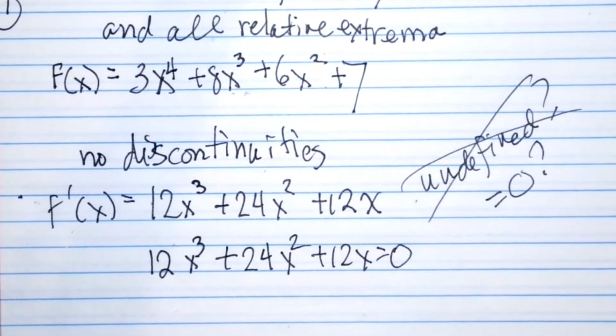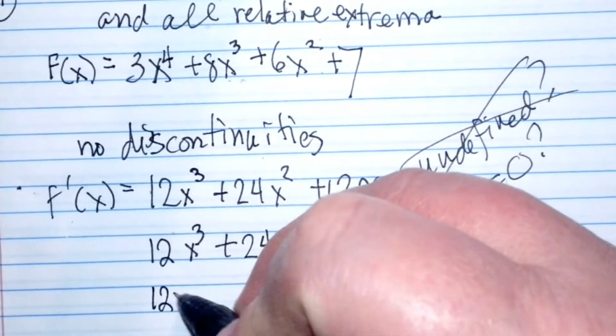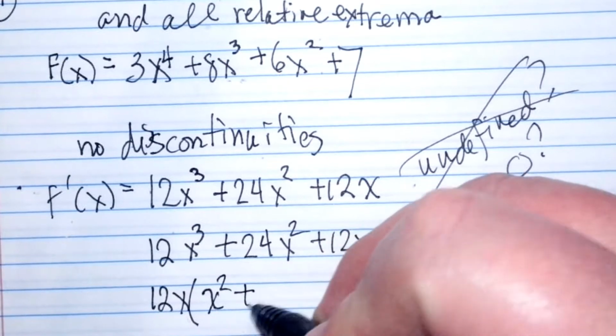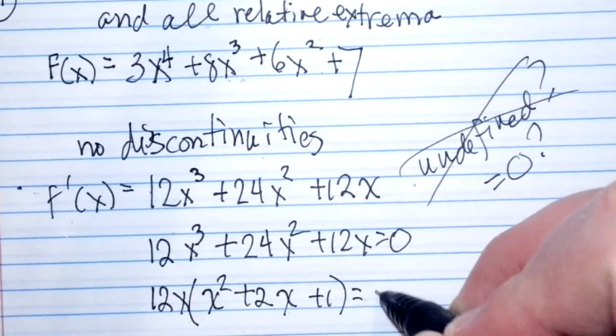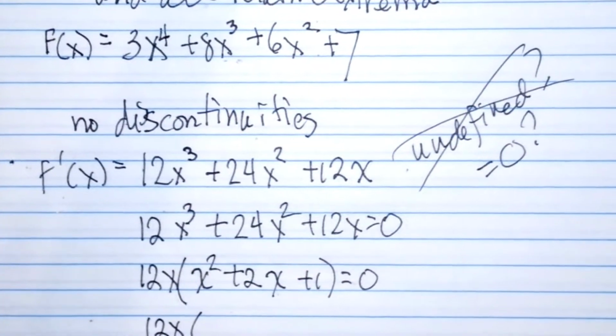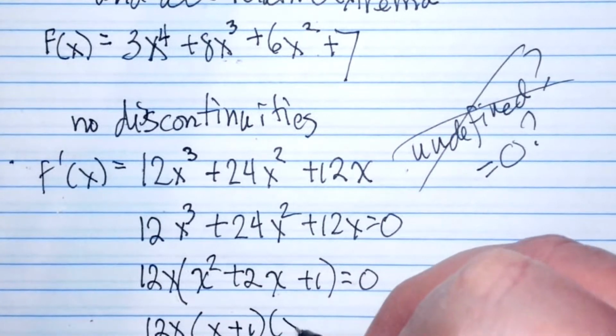Let's see if we can solve the resulting equation. I think that factoring is probably the way to go here. I would look for a common factor, and there is a common factor of 12x. That's going to leave x squared plus 2x plus 1. And then we can factor further into x plus 1 and x plus 1.